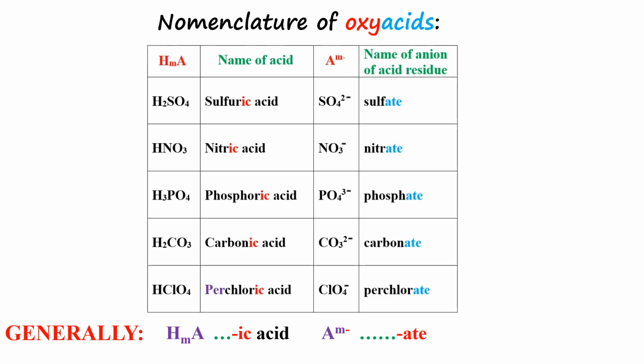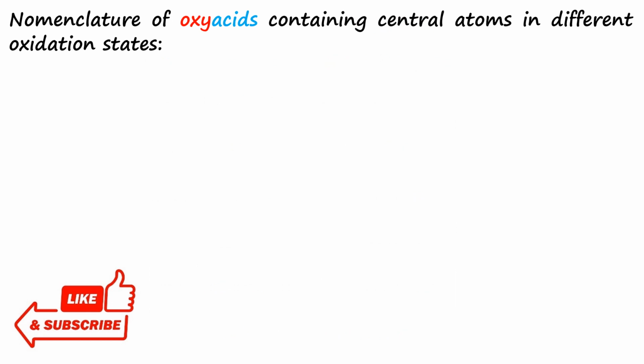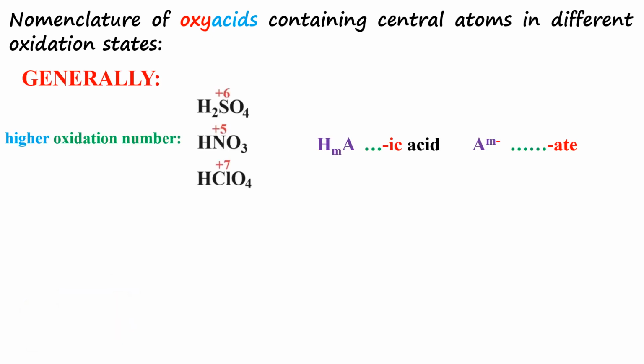HClO4. In this case, the name of this acid begins with the prefix per. This happens because chlorine forms several oxyacids. Some elements that are central atoms form different acids depending on their oxidation state. For higher oxidation states, the rules that have already been explained for oxyacids apply.